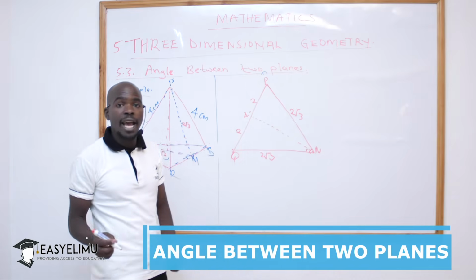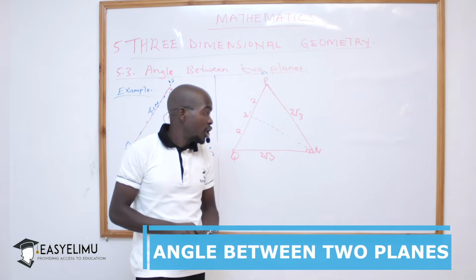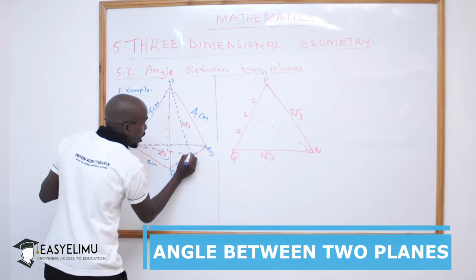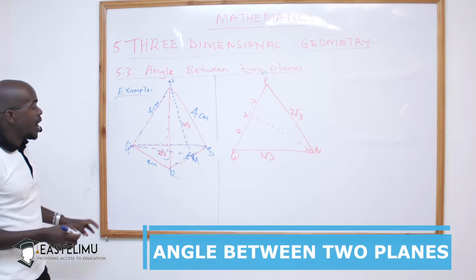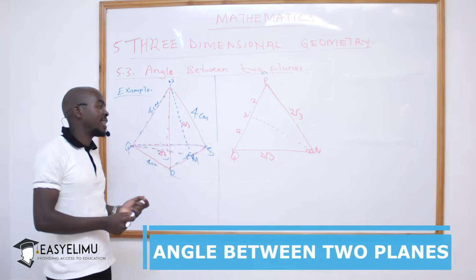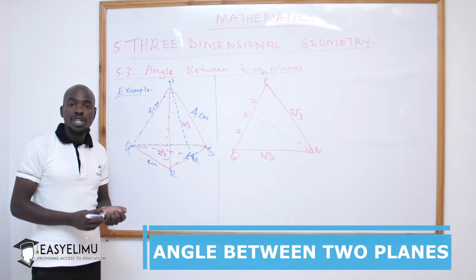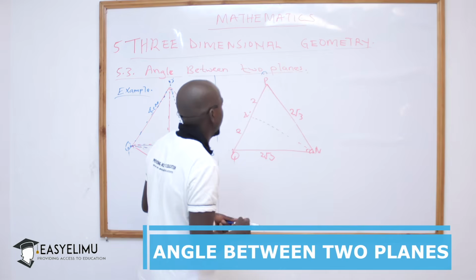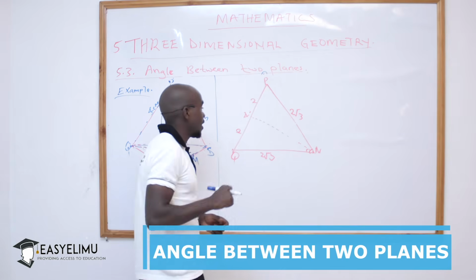And then after finding the angle, we multiply it by 2 in order to get the angle between the two planes. The angle between two planes, we said, is located by taking the angle between the two intersecting lines which are found on the two planes and intersect at the line of intersection.